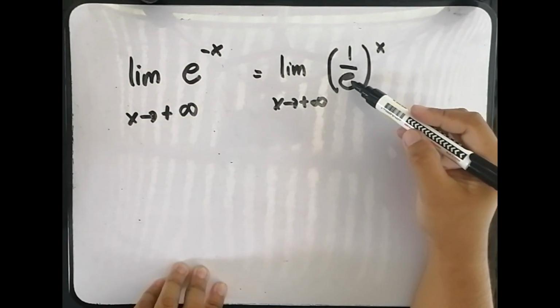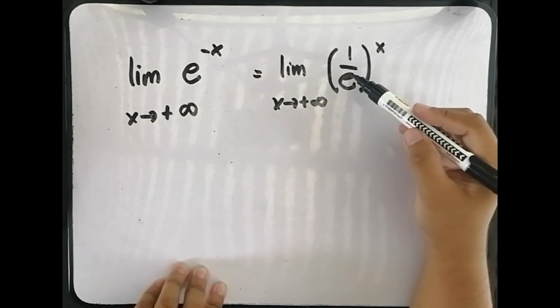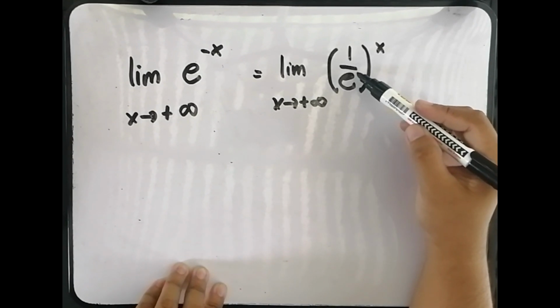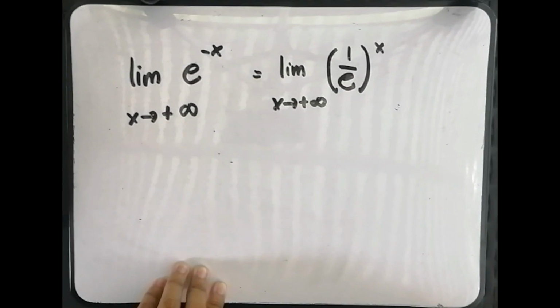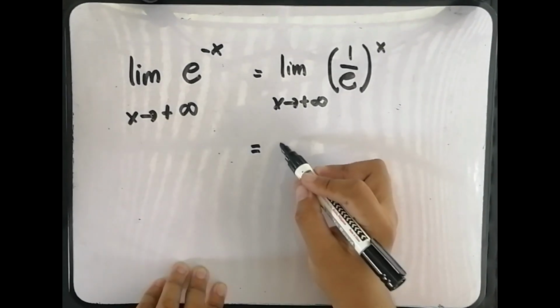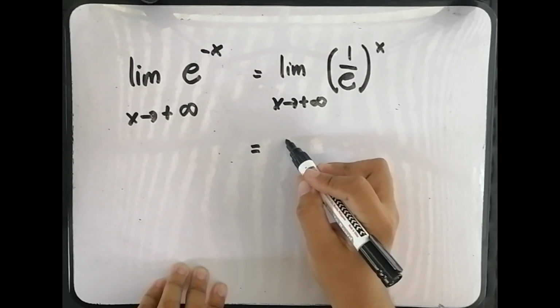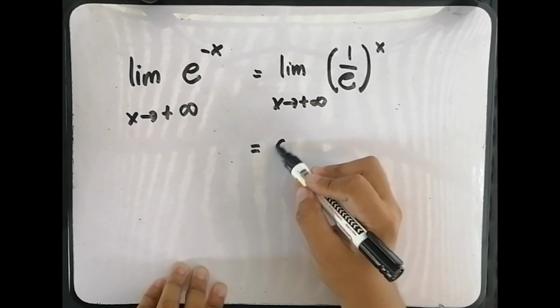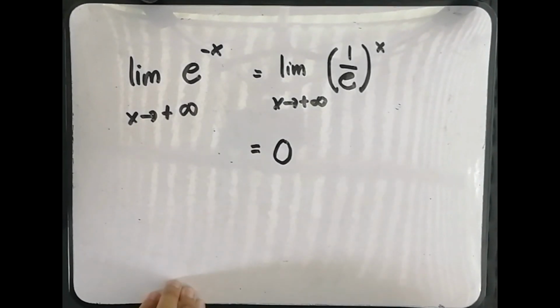1 over 2 point something, this will be less than 1 but greater than 0, right? So we can use now theorem number 2. Therefore, the answer now is, by theorem number 2, the limit of this raised to x as x approaches positive infinity is 0.